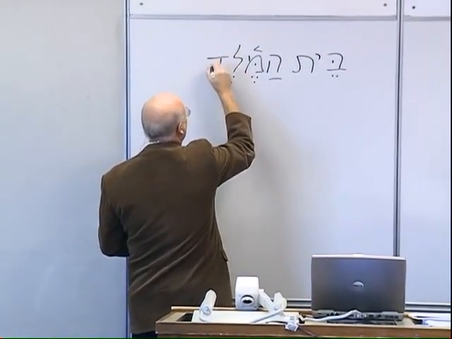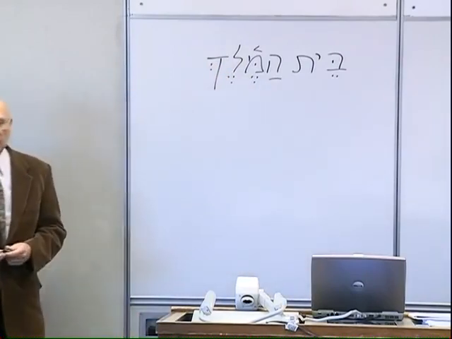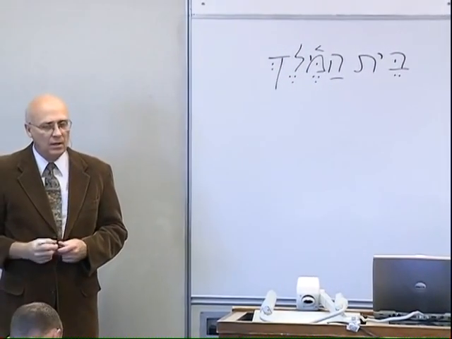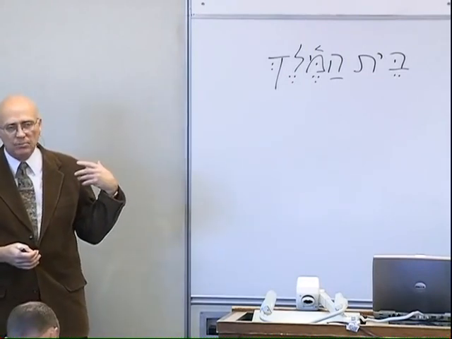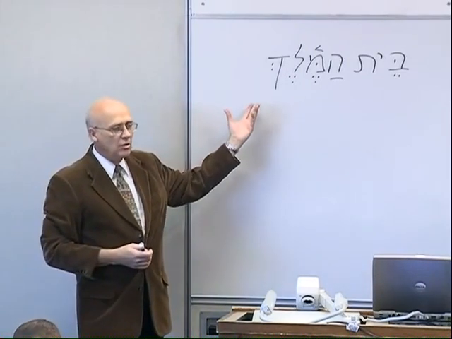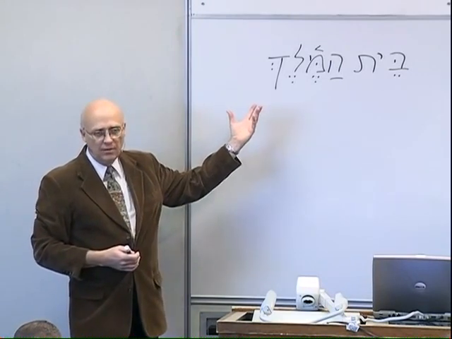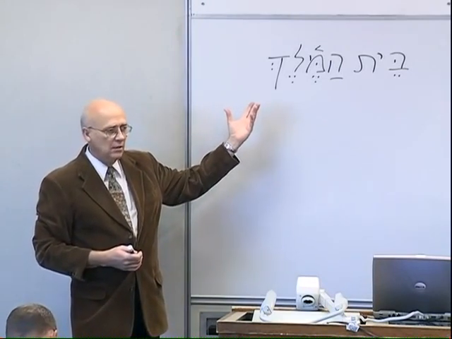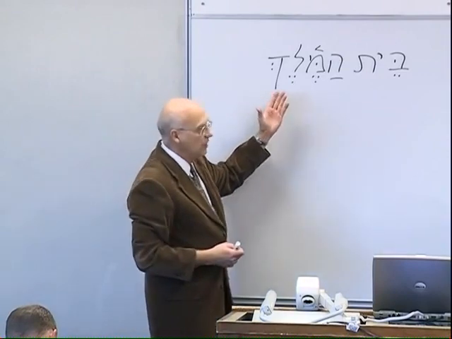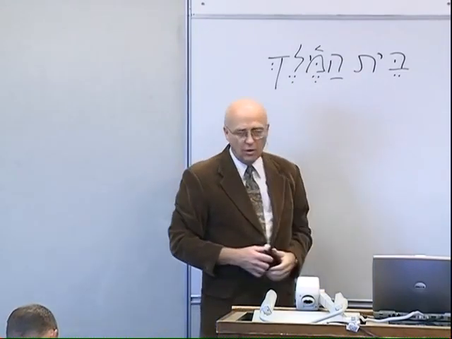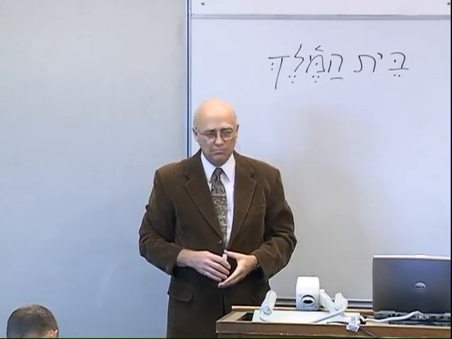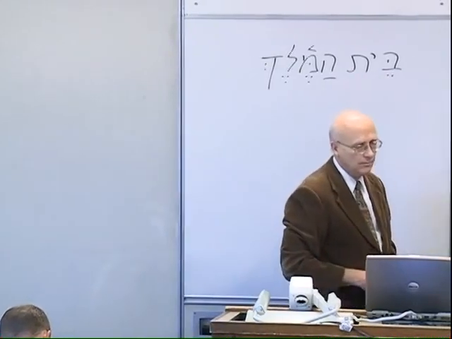All right, Beit Hamelech. Notice there's no article on house because in the construct relationship, the article cannot be put on the noun that is constructed. It must be written with the last noun in the chain, and then it's understood to go with all of the nouns of the chain. So it's Beit Hamelech. All right?